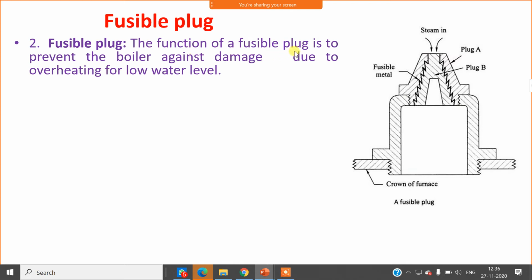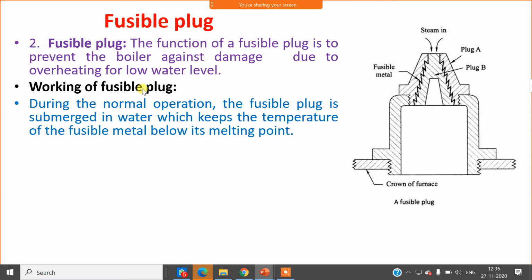The function of the fusible plug is to prevent the boiler against damage due to overheating for low water level. If the water level is very low and due to high temperature, the fusible plug prevents the boiler against damage due to overheating.